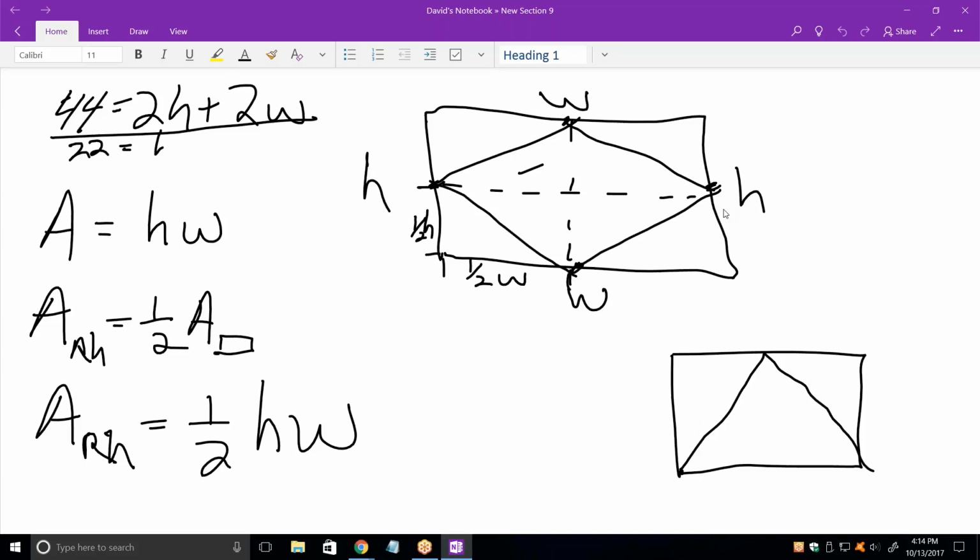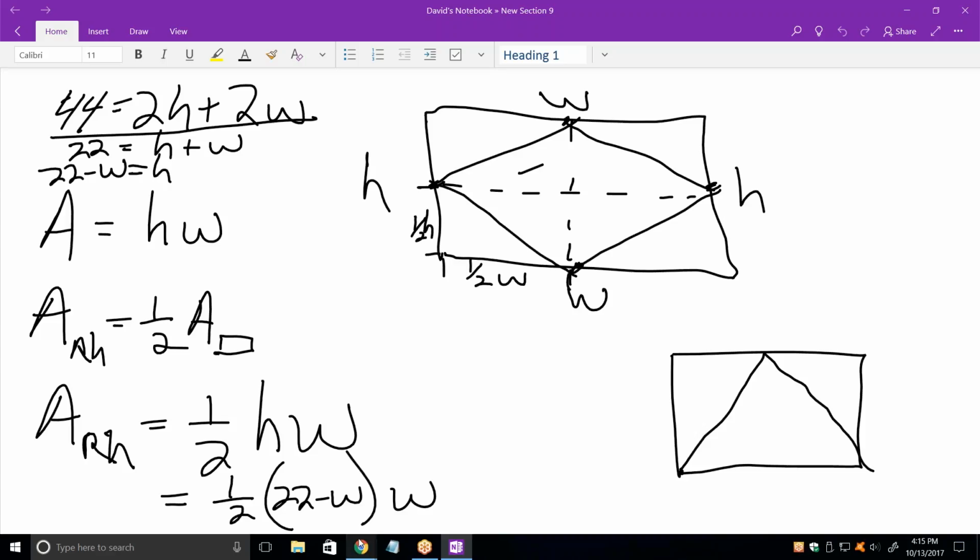So that gives me H is equal to 22 minus W. So now I go into this formula here, and wherever I see H, I substitute 22 minus W, now times W, and there you go. A as a function of W.